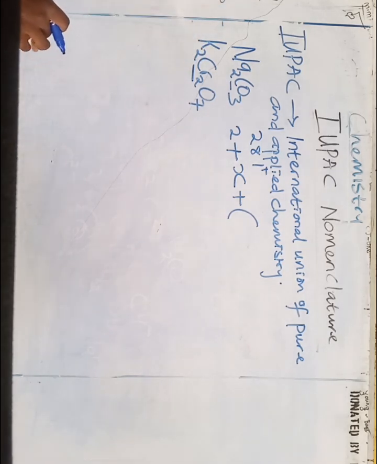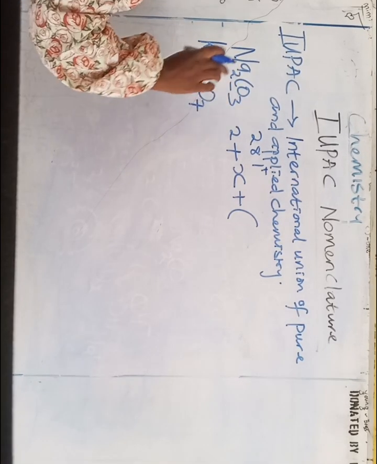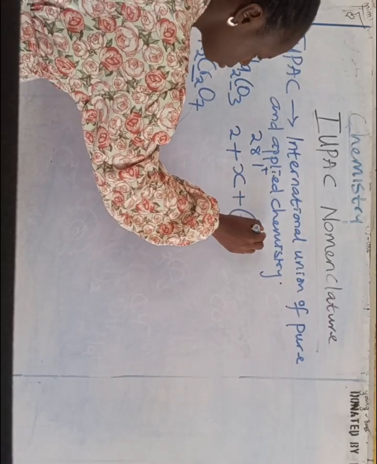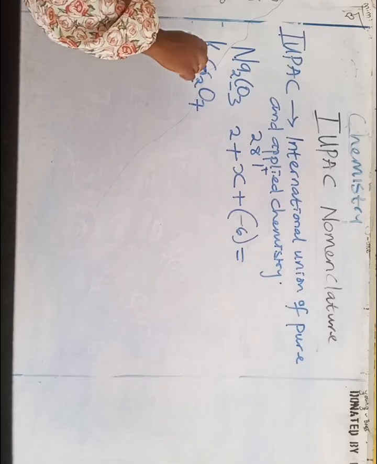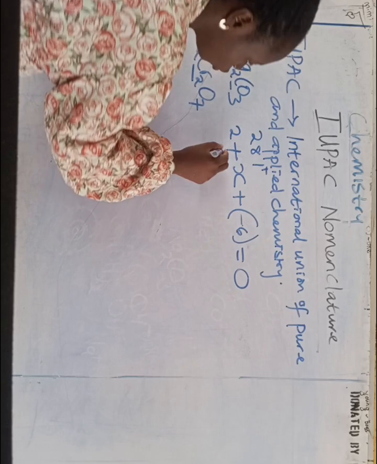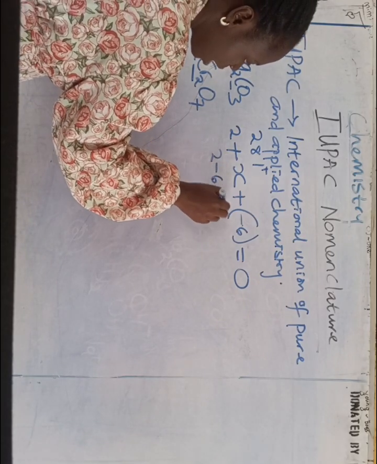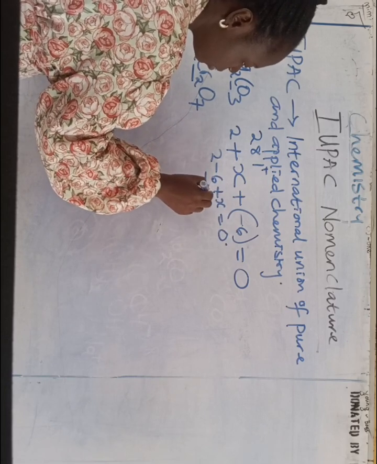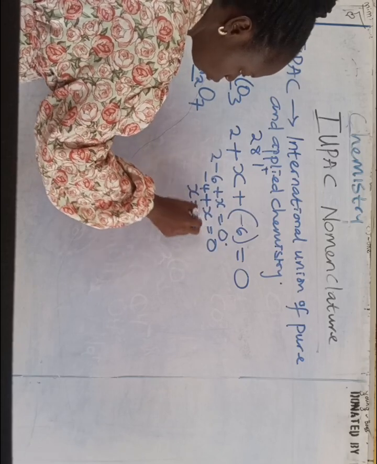Minus 2 times 3 will give me minus 6. Since I'm not doing this for a radical, I'm just doing it for a compound and there is no charge, I'm equating it to 0. So I'm going to have 2 minus 6 plus x equals 0. So I'm going to have minus 4 plus x equals 0. So my x equals 4.